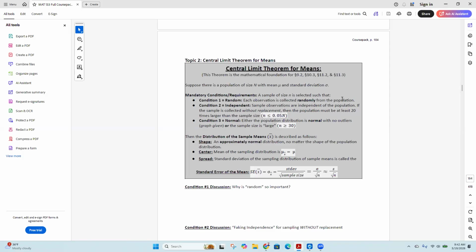If I was trying, for example, to figure out who's going to win the next presidential election, I can't go and ask every single voter who they are going to vote for. That's going to take way too long. There are hundreds of millions of people in the US, right? And so instead we do a sample.